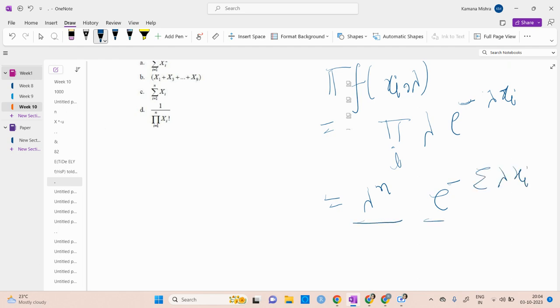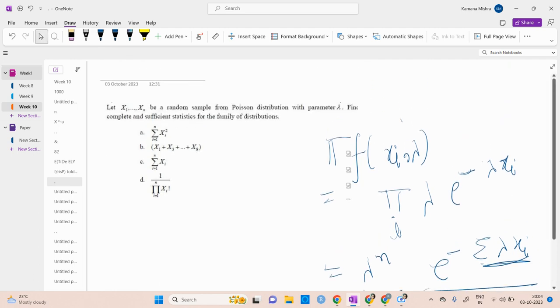So this is g(xi, theta) and this is just h. So then we can say that summation xi, we can take lambda outside. So summation xi is sufficient statistic. So this is the answer, and the complete one we need to check also.